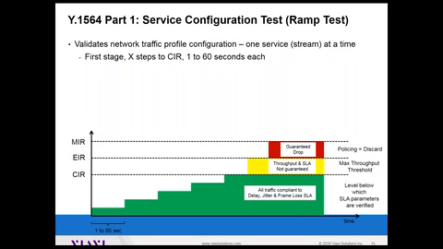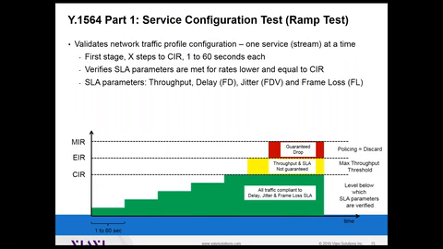There's logic behind that, because if one of the tests fails individually, then there's no sense in running the other tests or running them all together, because you know you're having a problem with one of them. It runs in steps, and you can see in the green portion of the ramp here that's configurable. You can run from 1 to 60 seconds each step, and during that time, all the SLA parameters of delay, jitter, and frame loss are measured and verified.